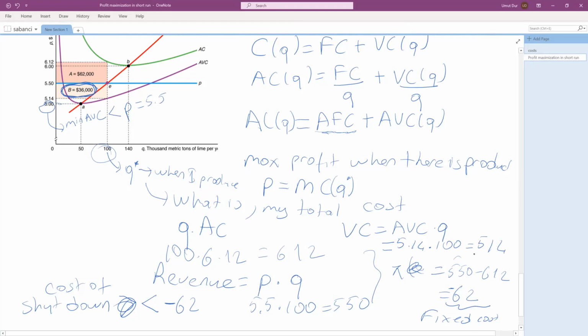So I am basically taking that cost. Moreover, I am also earning more money. I am earning $36 more, and I'm using that money to somewhat compensate some part of my fixed cost.